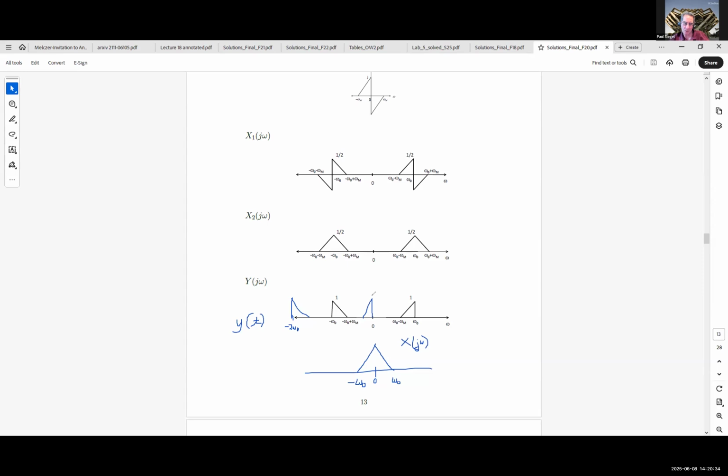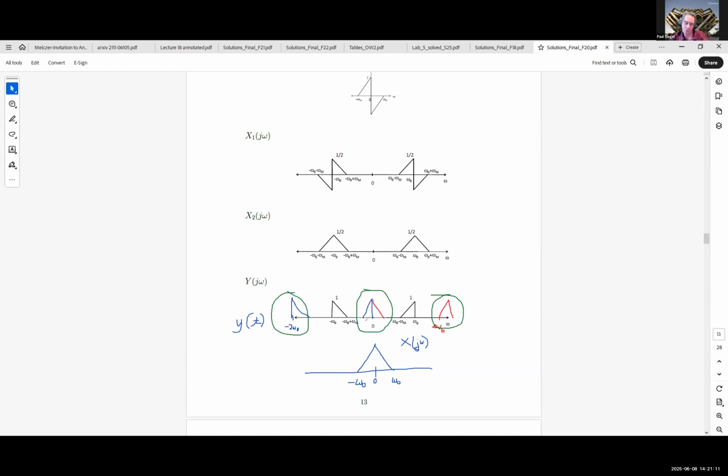So this is going to end up giving us that. And then over here at 2 omega naught, when we shifted this piece to the right, it's going to look like that. But the bottom line is what we end up with is those three components of the resulting transform. We have this, we have this, and we have this.